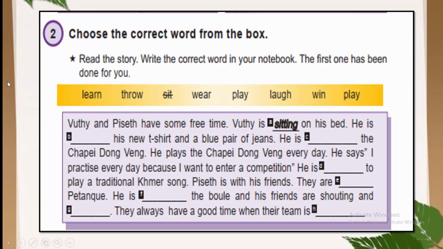So let's think for some time, and then you have to use these verbs in the blanks or gaps. So you can make the whole meaning, and then you have to make the verb plus ing in the correct way. I will give you time.